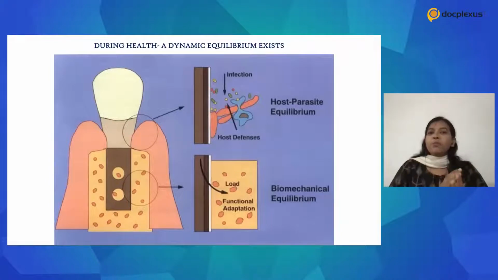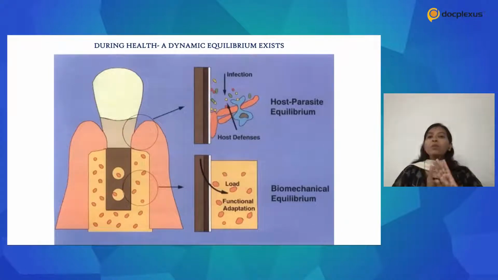So when you place an implant, there is a dynamic equilibrium that exists between the host as well as the microorganisms. Normally in the teeth, you know very well that you have the gingival sulcus where you have formation of plaque.